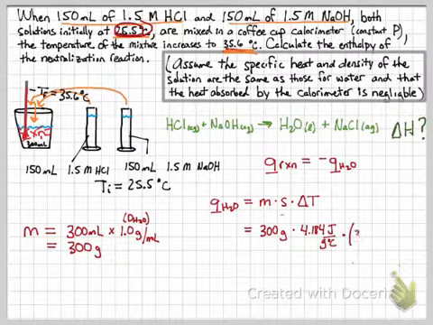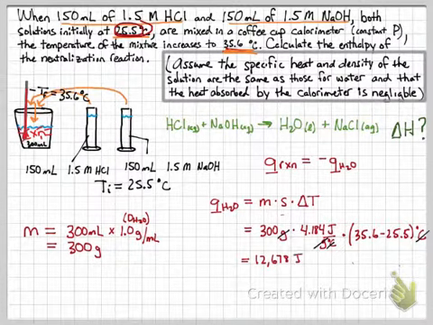And the temperature change, we know, the final temperature was 35.6, initial temperature 25.5, so that's 11.1 degrees Celsius change. Canceling units leaves us with units of joules, which is the unit for energy, heat in this case, and we have 12,678 joules, therefore 12.7 kilojoules of heat exchanged to the water.